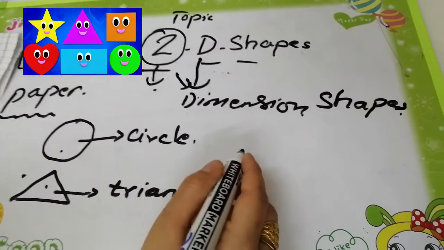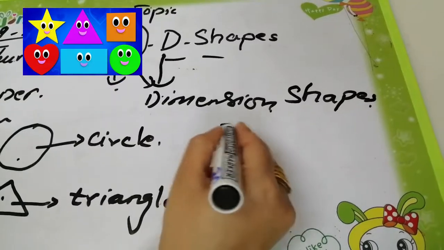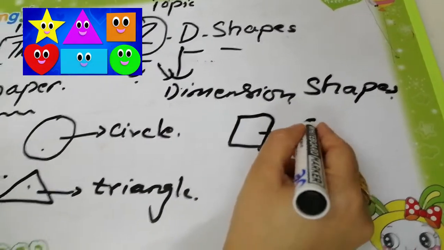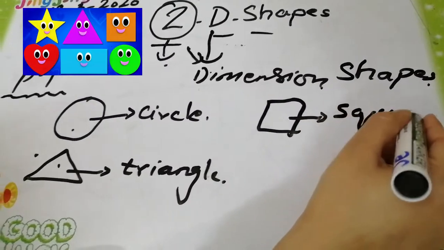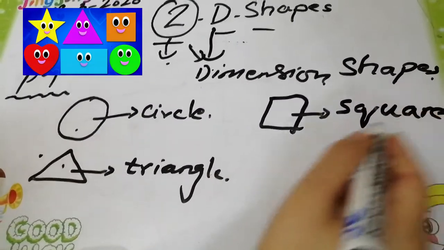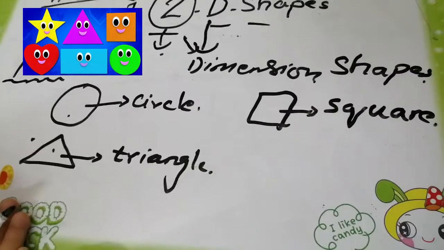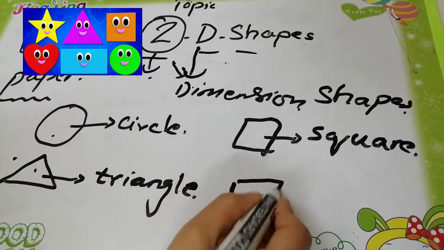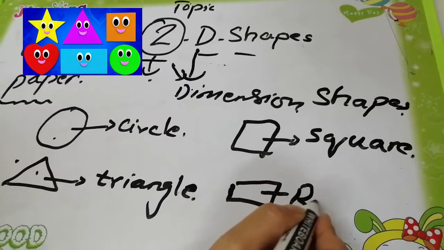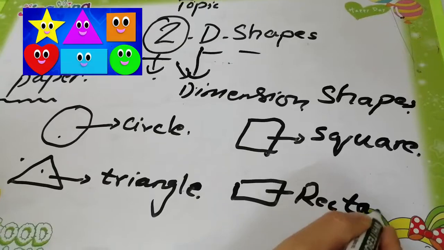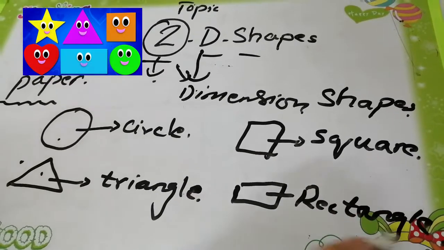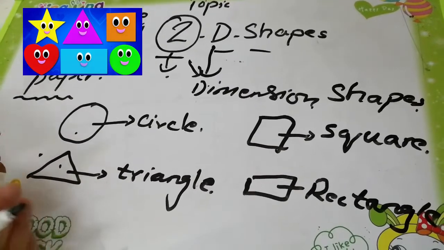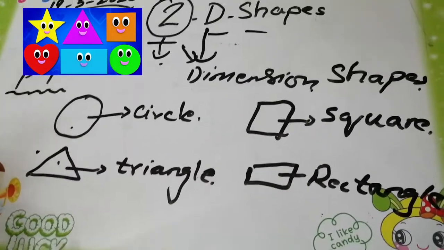The other shapes that we can draw on paper are square, and the other basic shape that we can draw in a very easy way is rectangle. So students, these are the basic shapes that we are able to draw on a simple paper without any difficulty.